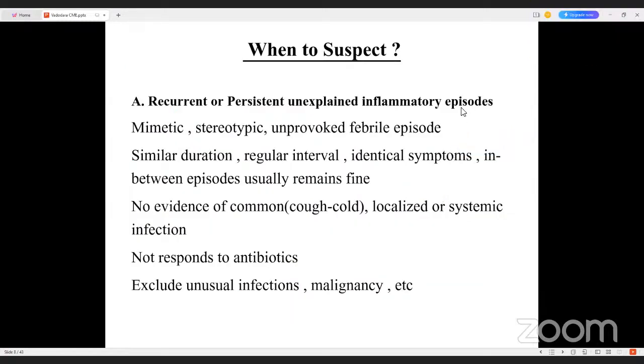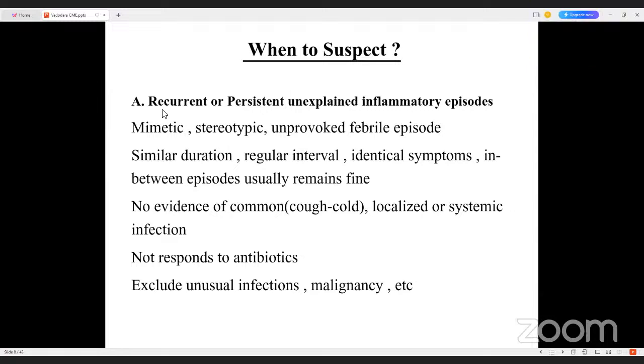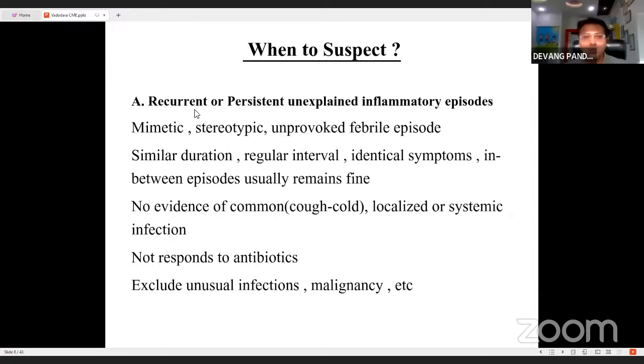Now, clinically, when to suspect, because there are many autoinflammatory disorders and it is still evolving. If a child presents to you with recurrent or persistent, unexplained (this word is very important) inflammatory episodes, these episodes are very stereotypic, unprovoked febrile episodes.